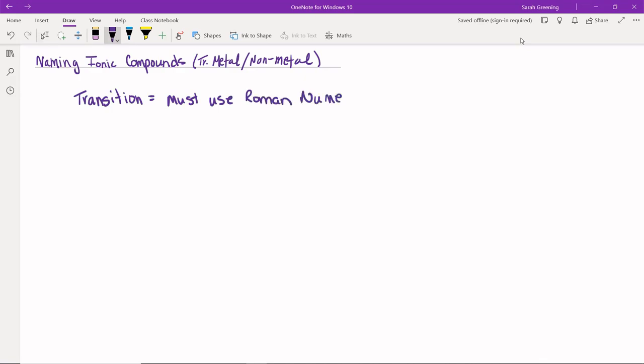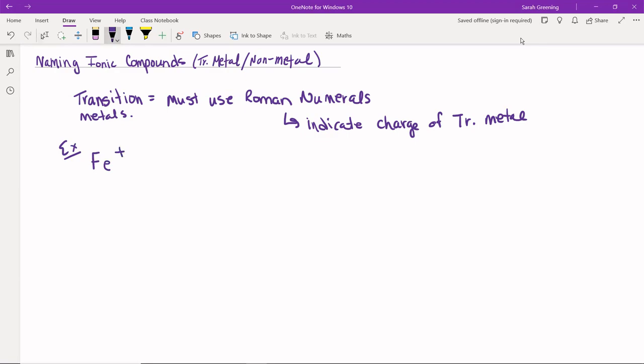And what are the Roman numerals for? The Roman numerals indicate the charge of the transition metal. So, for example, you could have iron. We'll just say this is an example. You could have iron plus 2.